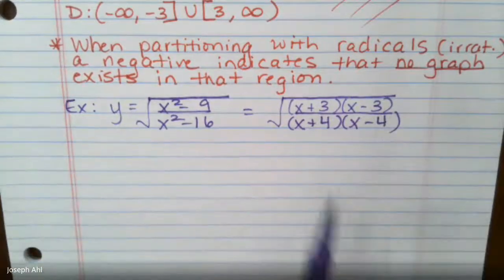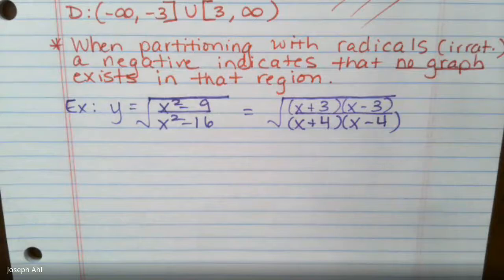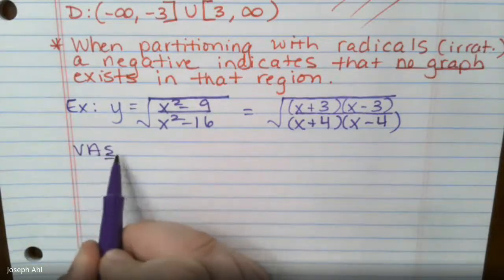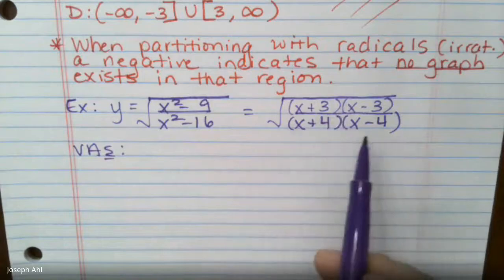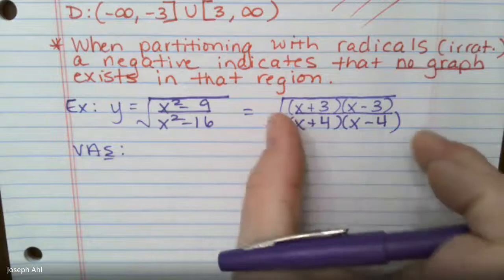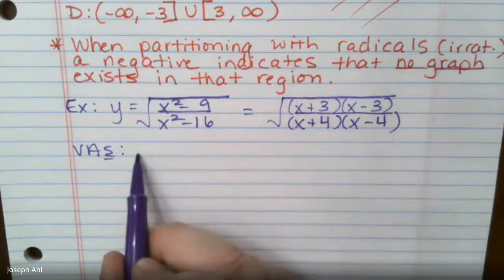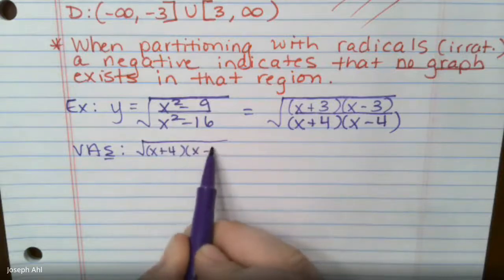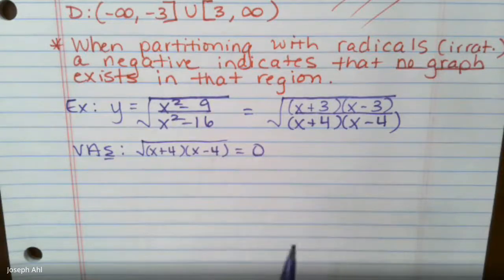Okay. When you have a fraction, you still have vertical asymptotes. So when we talk about the vertical asymptotes, plural, it still comes from whatever makes the bottom equal to 0. And what I'll tell you is that the radical has no bearing on the vertical asymptotes. If you're unsure why, you can start by writing the radical in there. Okay, set that equal to 0.